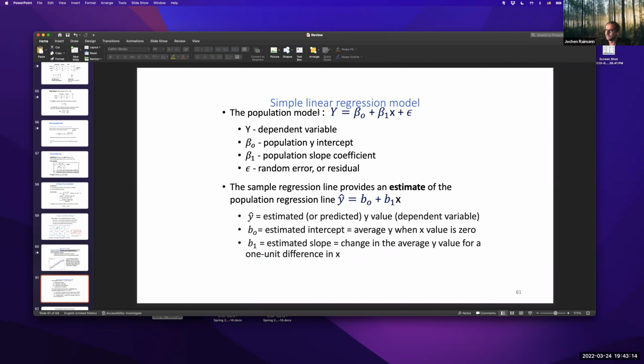So the simplest model has an intercept, beta 0, plus beta 1, plus an error term.